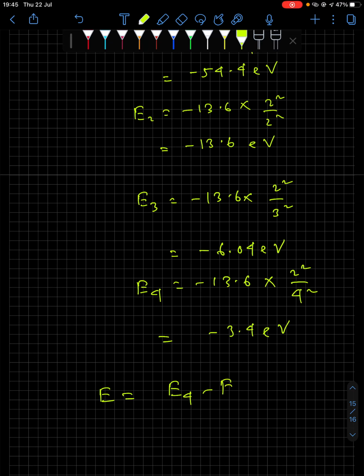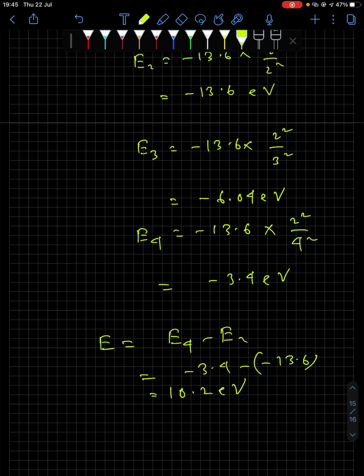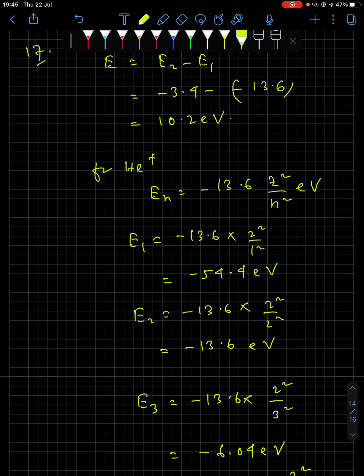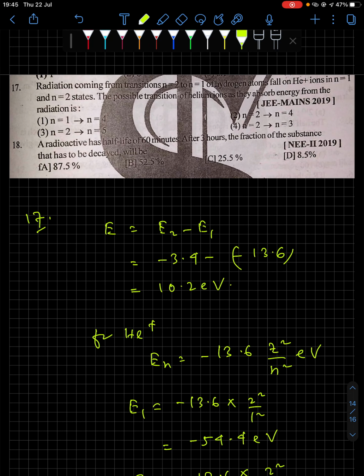Therefore E4 minus E2, the E4 value is minus 3.4 minus minus 13.6. This gives you 10.2, right? So the transition is from 2 to 4. Option number 2 is the answer.